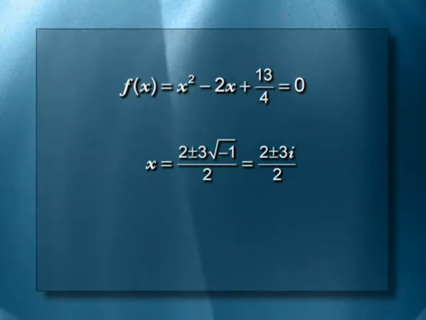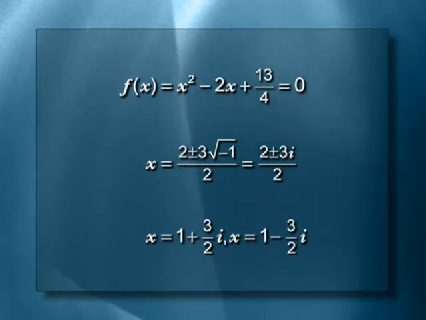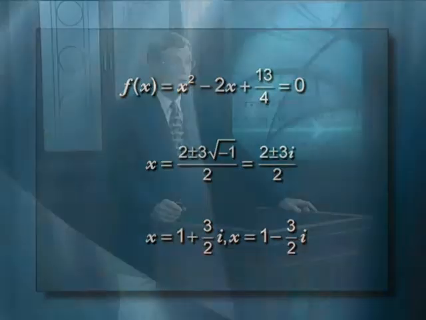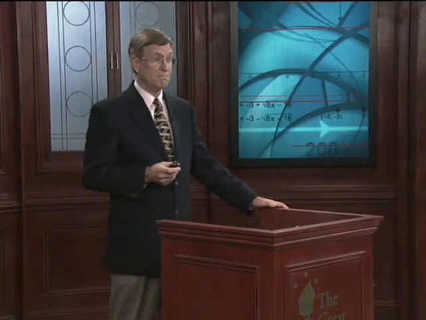You get two zeros. The first one is 2 over 2 plus 3 halves i, and the second one is 2 over 2 minus 3 halves i. Those are the two zeros of that quadratic polynomial, and notice they are complex conjugates of each other. That's always true if the polynomial has real coefficients.